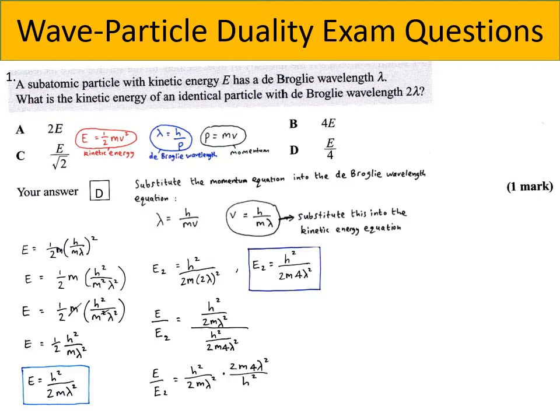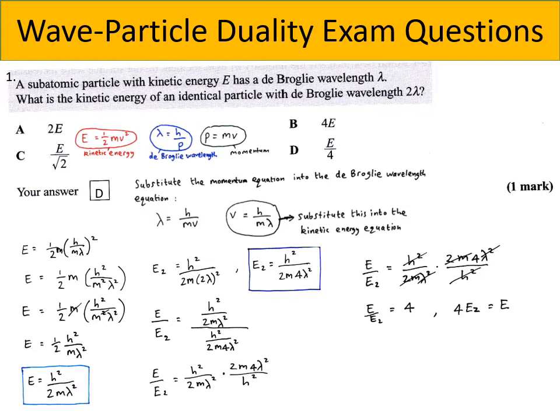And then we can also write that as h squared divided by 2m lambda squared multiplied by 2m times 4 lambda squared divided by h squared. And most of it obviously cancels out. So we are left with E divided by E2 is equal to 4.